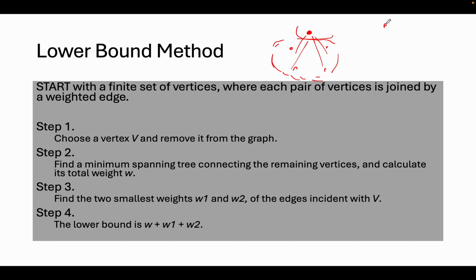And then there's going to be edges from that vertex that we cut, and what we'll do is we'll find the 2 smallest weights to add to the cycle, because we need both of those weights in order to add it into the minimum spanning tree to get ourselves a cycle. And then add those 2 weights plus the weight of the spanning tree, and that's our lower bound.